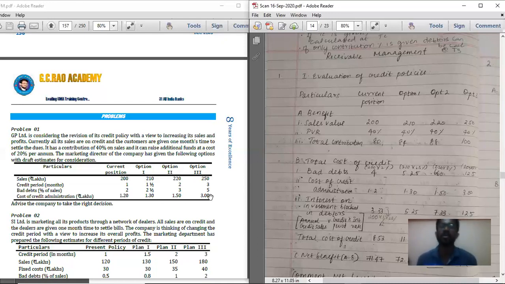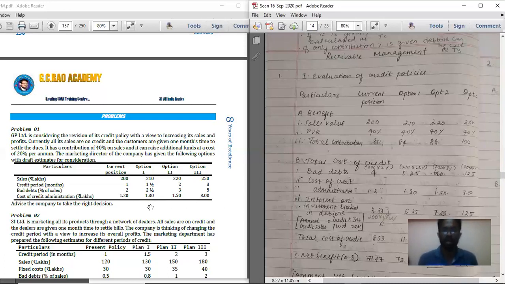Now below that, small Roman number 2, cost of credit administration. That they have given directly. For maintaining these credit policies, that is for maintaining the receivables management, you have to incur some administrative cost. These are the different costs under each option.